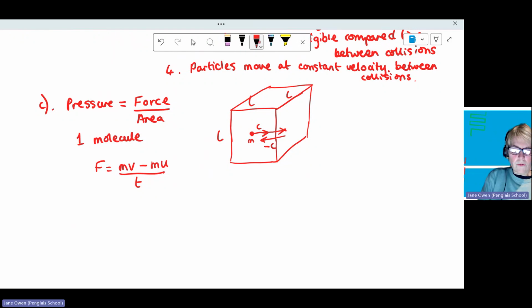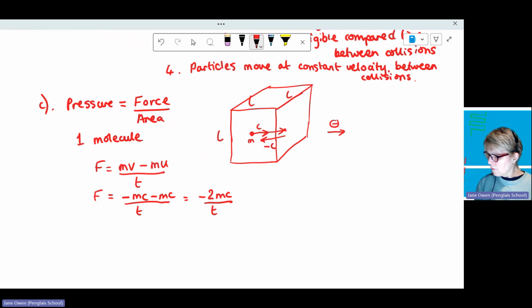So we've got minus mc, we'll take the final minus the initial, minus mc. That's taking this direction as negative. Divided by time equals minus 2mc over t. And that gives us our force.